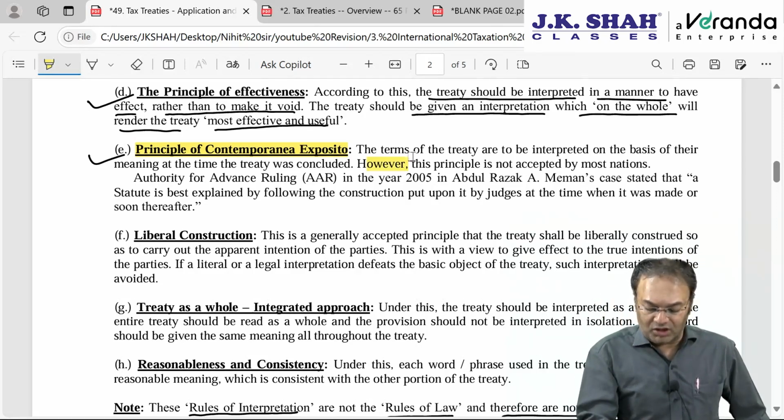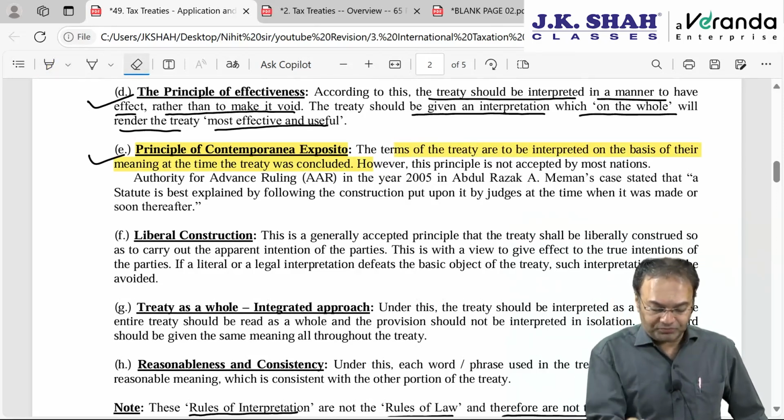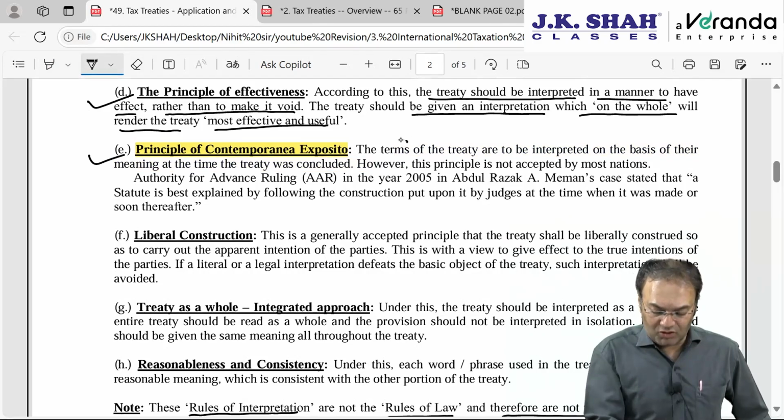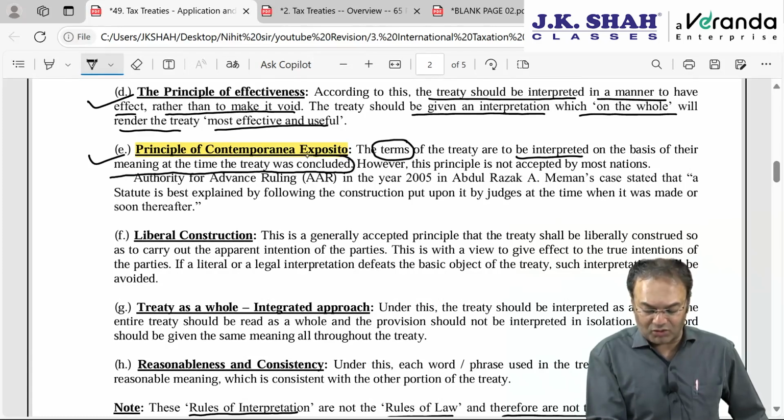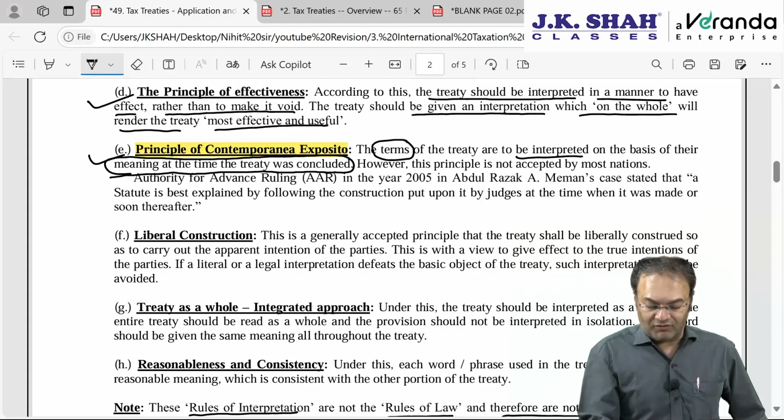Here also we are talking about interpretation of a term, a particular word. Terms used in a treaty are to be interpreted on the basis of their meaning at the time when the treaty was concluded. However, this principle is not accepted by most nations.